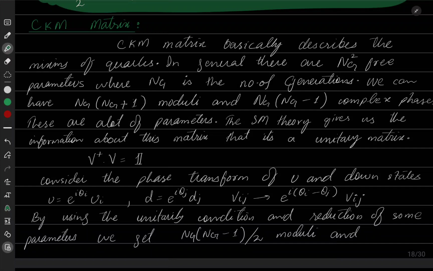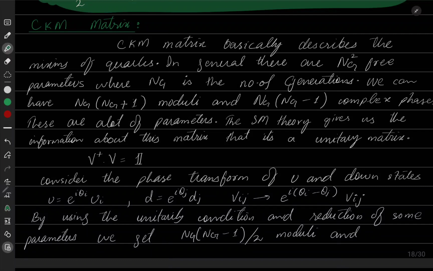Okay, so the CKM matrix is basically, if we look at this, there are actually 9 parameters, and ng here represents the generation. There are actually 3 generations in the standard model of quarks, and also for the leptons.